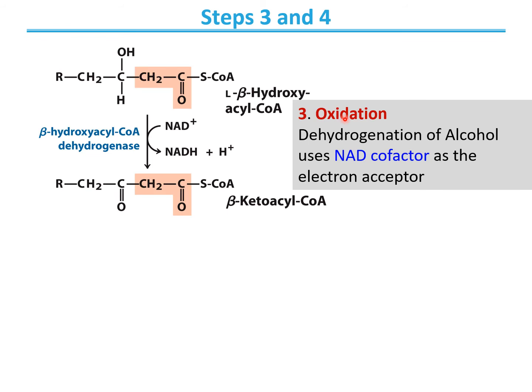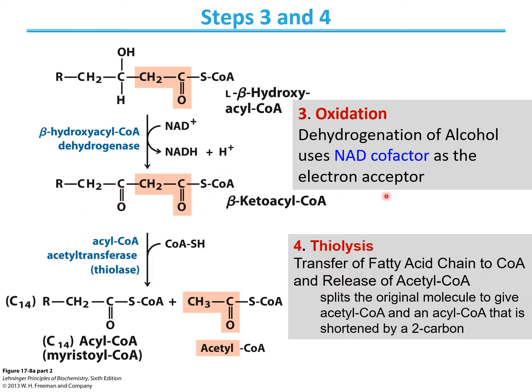The third step is an oxidation step, which undergoes dehydrogenation of this alcohol group into a beta-ketoacyl CoA. Finally, transfer of a coenzyme A molecule onto this 14 carbon chain will release 1 acetyl CoA.